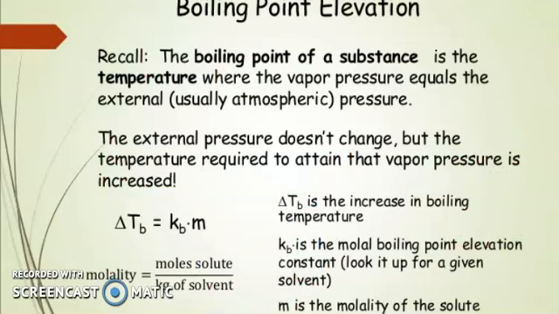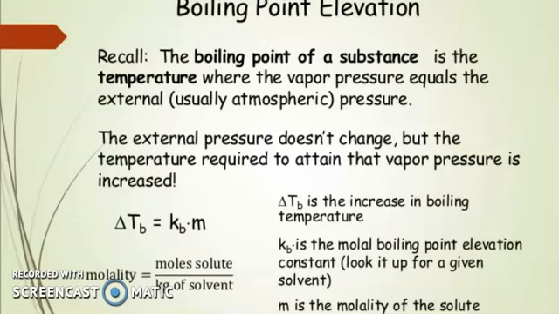Boiling point elevation: recall that the boiling point of a substance is the temperature where the vapor pressure equals the external, usually atmospheric, pressure. The external pressure doesn't change, but the temperature required to attain that vapor pressure is increased.